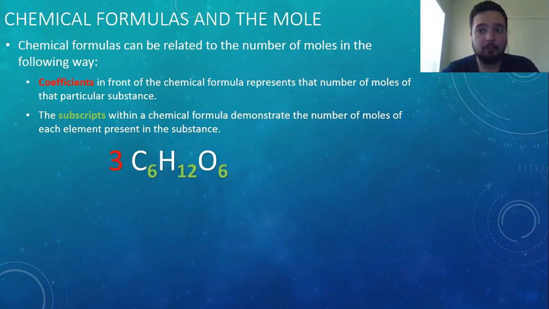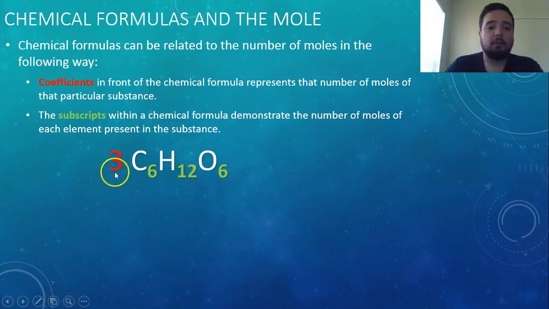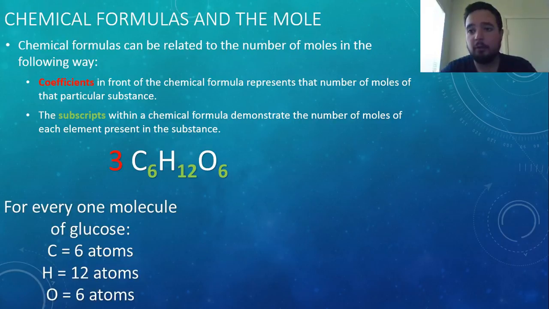So for example, I have 3 moles of glucose. Within the 3 moles of glucose that I have, for every 1 molecule of glucose, I have 6 atoms of carbon, 12 hydrogen atoms, and 6 atoms of oxygen.